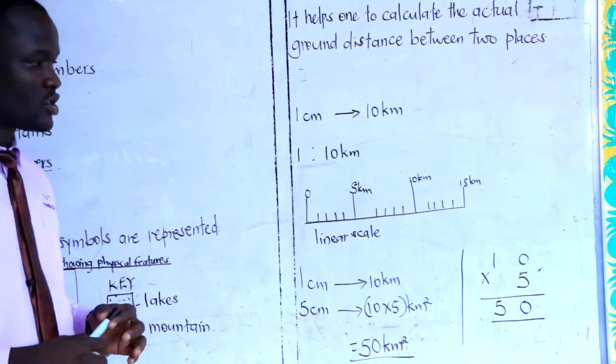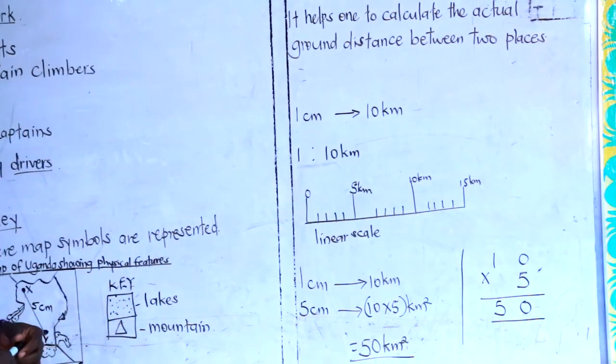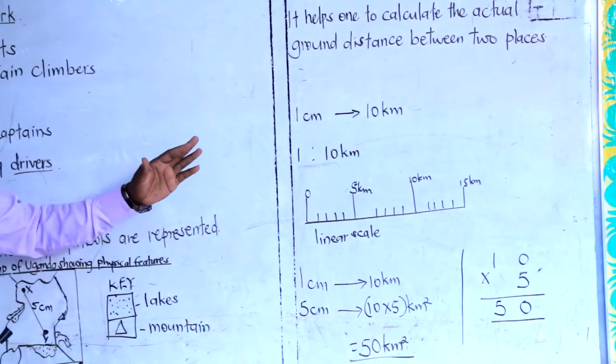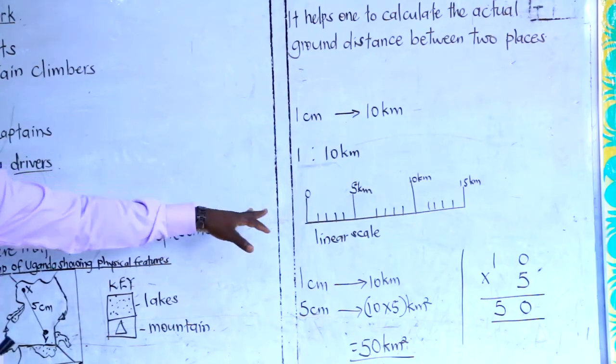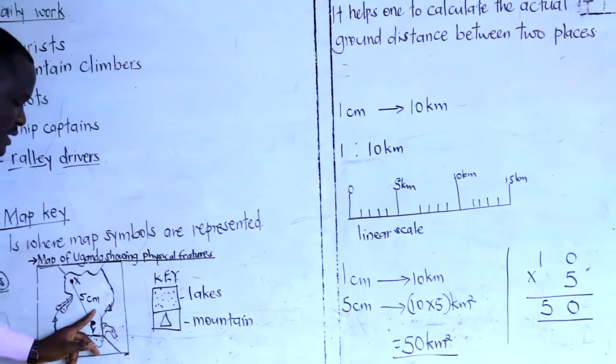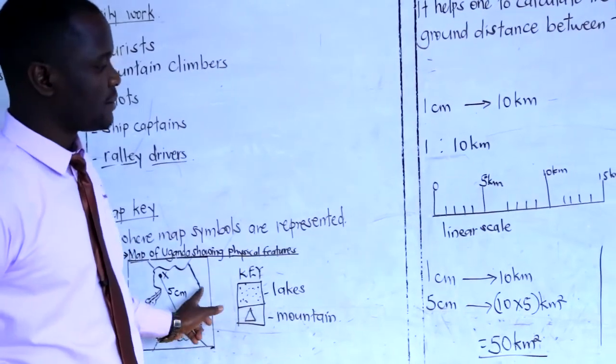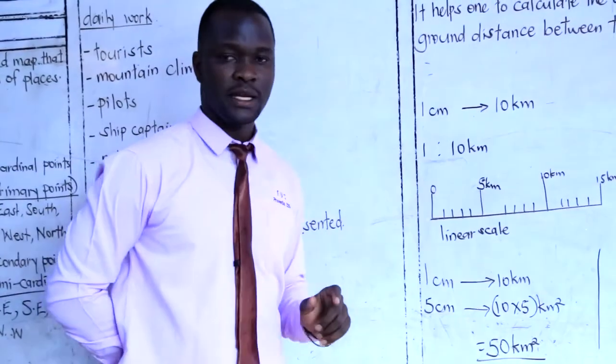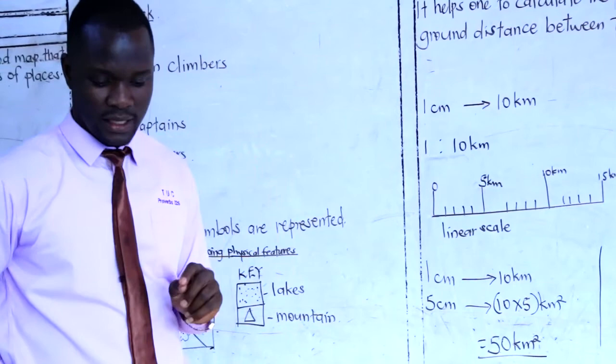Remember, I've said for us to be able to get the distance, we shall be given that scale. Our work is to identify what the distance on the map is, and that distance always comes in centimeters. Then we shall multiply it by the scale and we shall get our answer.